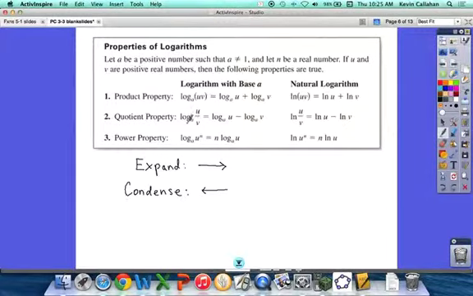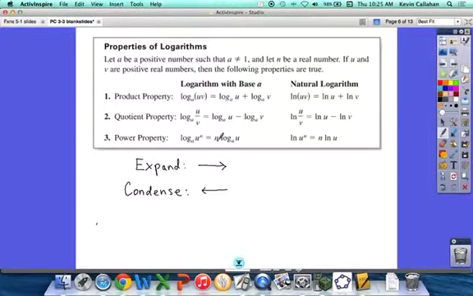Okay, the quotient property. You're taking the logarithm of a quotient. That's the logarithm of the numerator minus the logarithm of the denominator. And the last one: if you're taking a logarithm of a quantity which is raised to a power, so this is u to the n, then you can take that power in front of the logarithm as a multiplier, right?